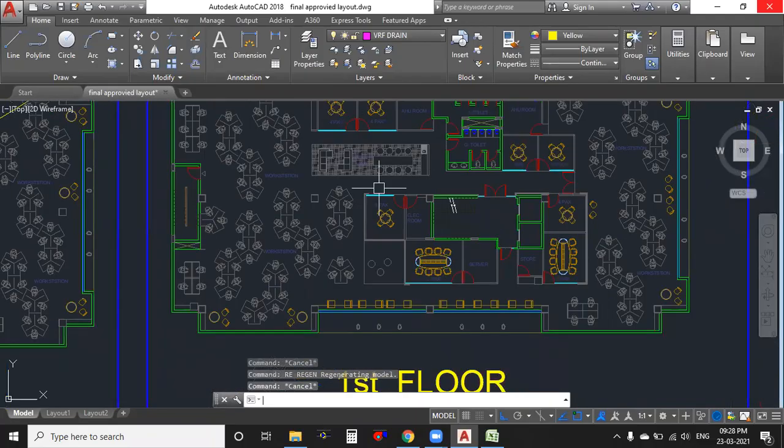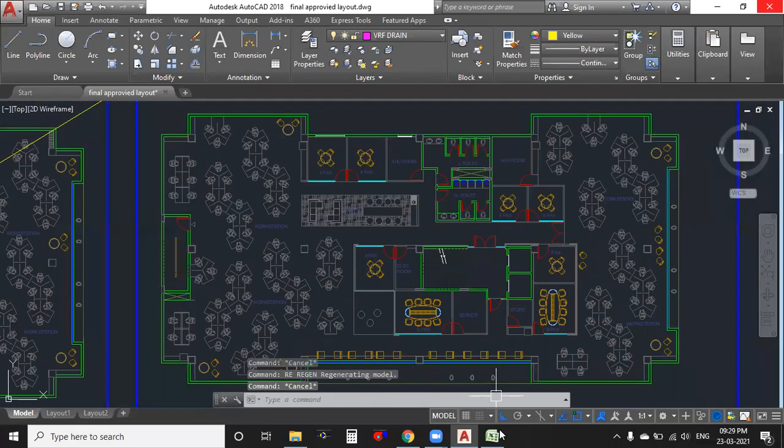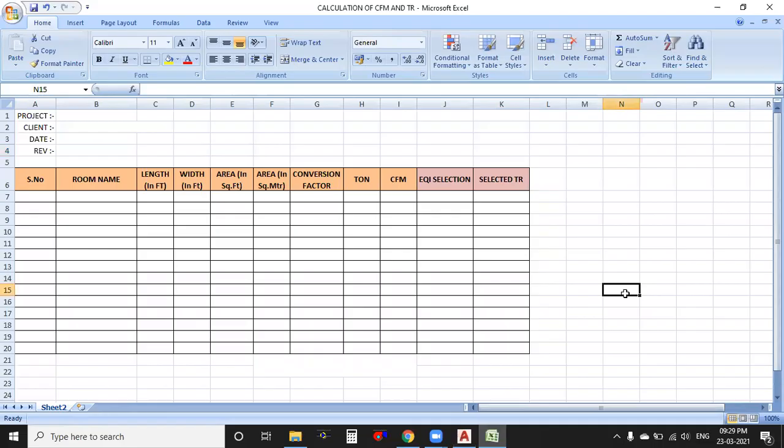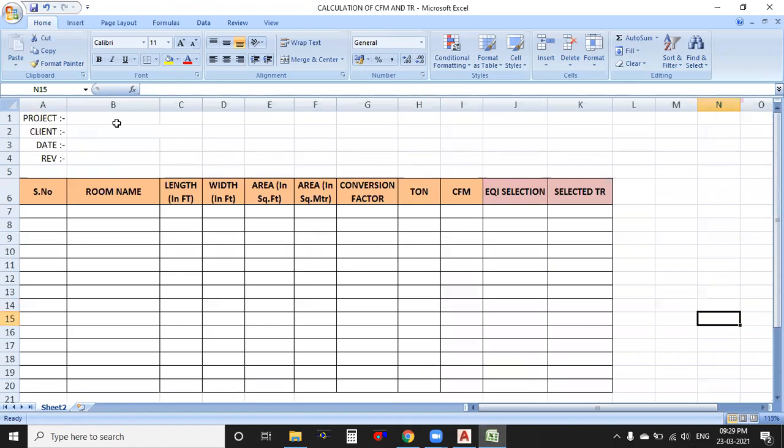For this, we already have an Excel sheet that I am going to share with you people. So this is the Excel sheet. Here we have project, client, date, revision.